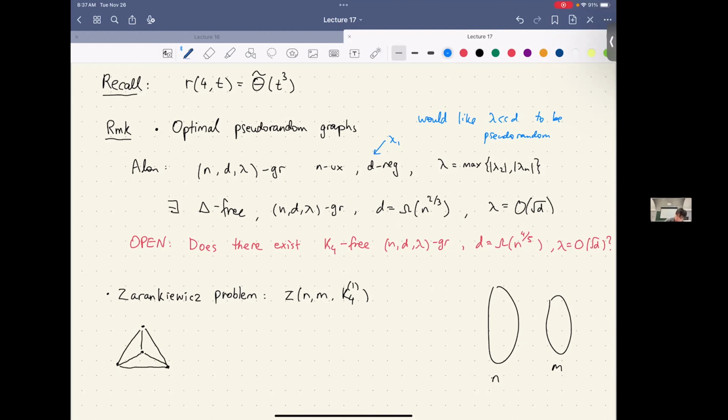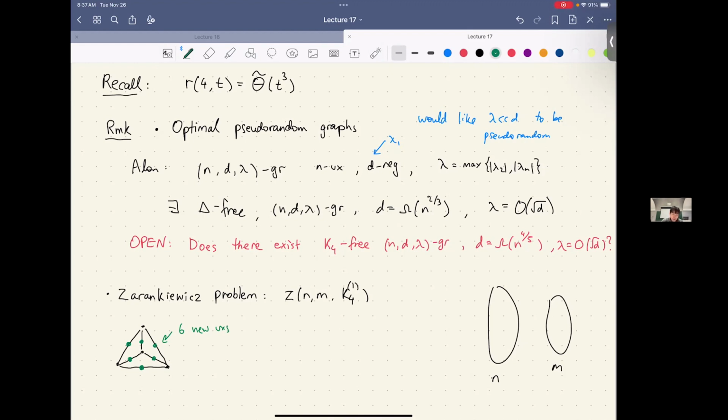Now we subdivide every edge by one vertex, subdivided once. So you have six subdivided vertices, six new vertices, and four original ones, right?